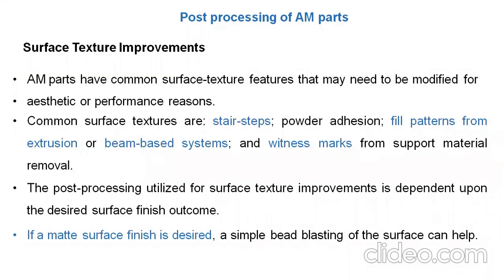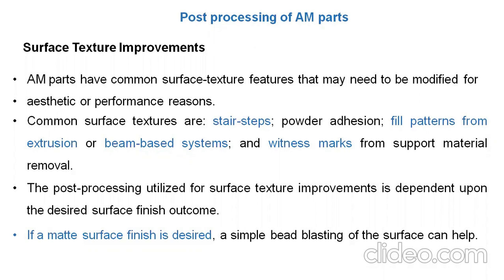After removing the support part from your machine component, surface texture plays an important role. AM parts have a common surface texture after manufacture. As we know, the AM process manufactures with the help of a layer by layer process.